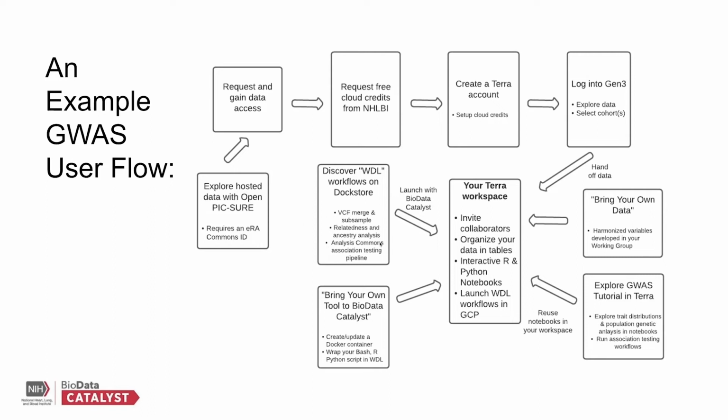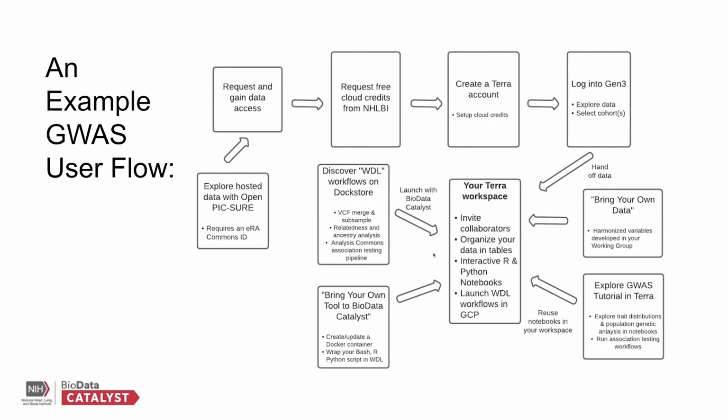I need to account for relatedness in the genetic samples, and I also want to port over association tests from the Analysis Commons collection. So I can launch each of these workflows directly into my Terra workspace and conduct an association test.